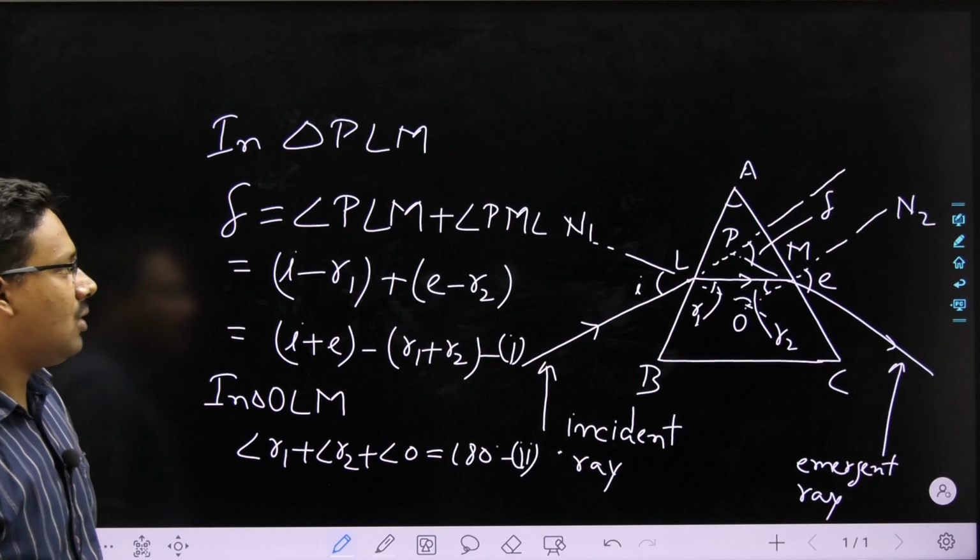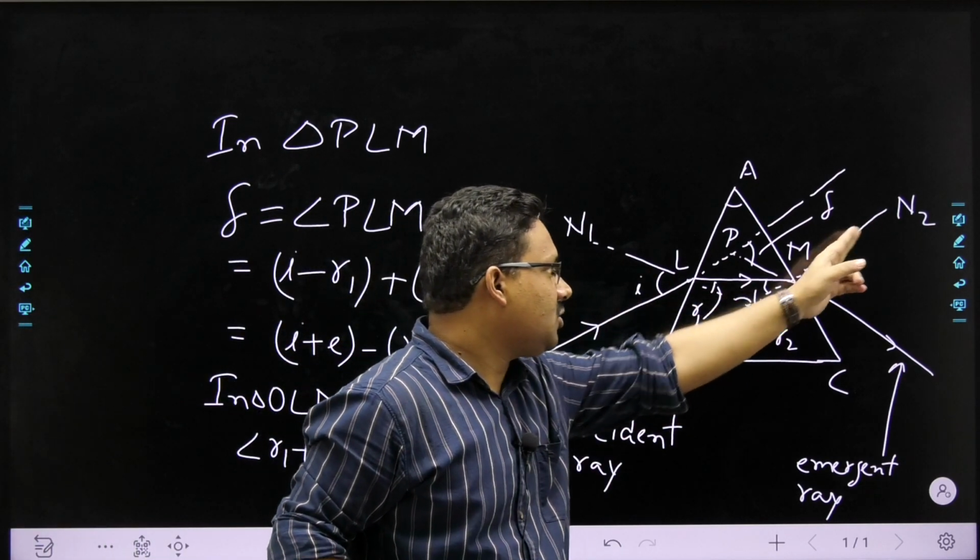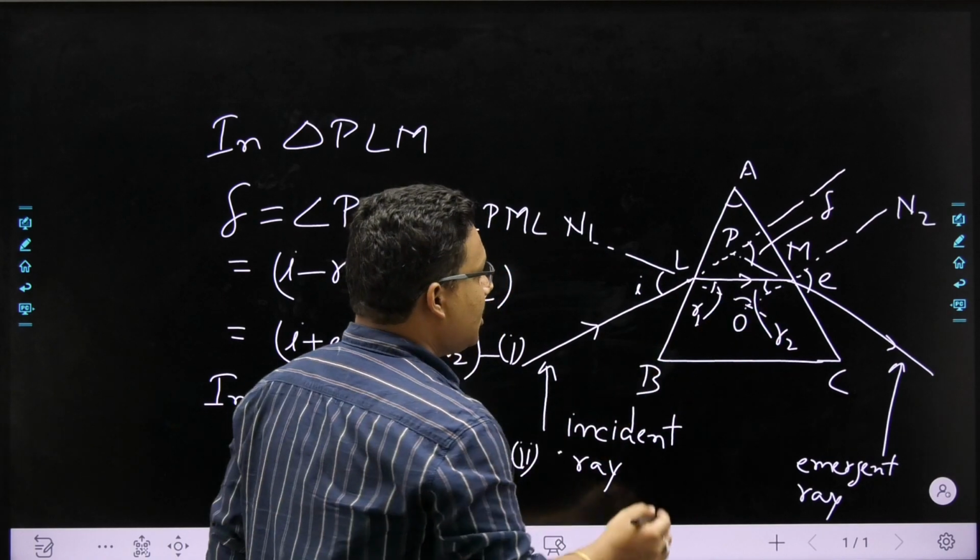Clear? Now this N1 is perpendicular to this surface and this N2 is perpendicular to this surface. So what is going to be this angle?